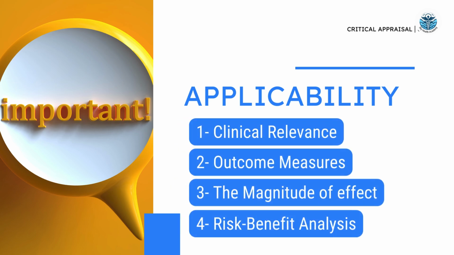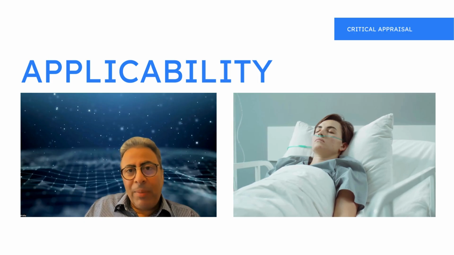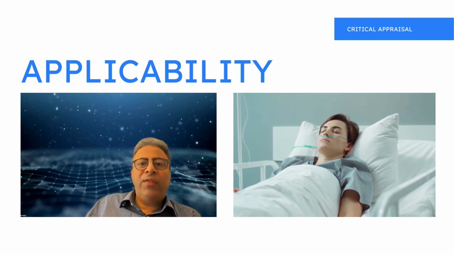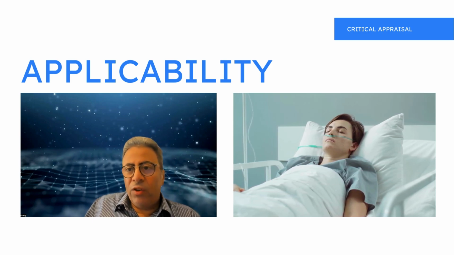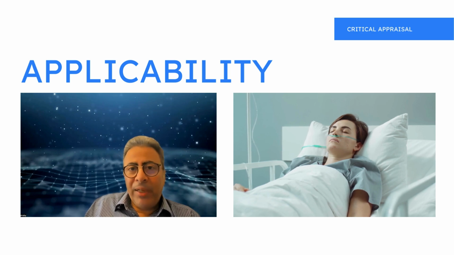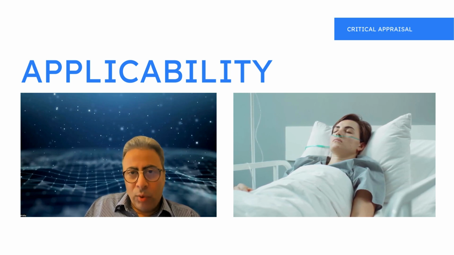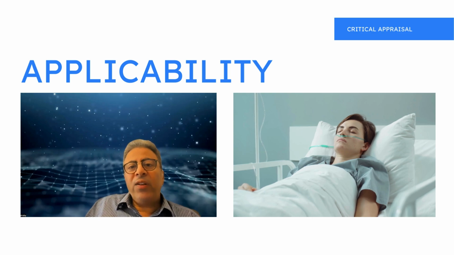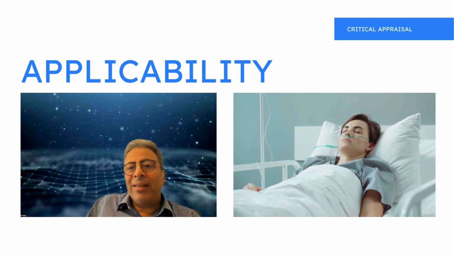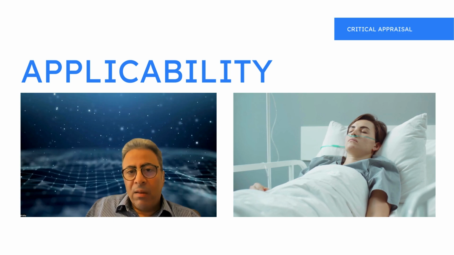The next step is to assess the applicability of the research. Beyond the importance, the applicability of research is another critical step. The third and last step is to check if these research results are applicable to clinical practice, to reality or not. The first thing is to look at its ability to be generalized.